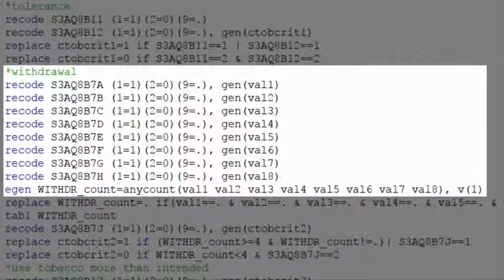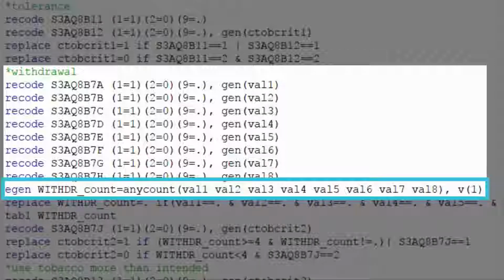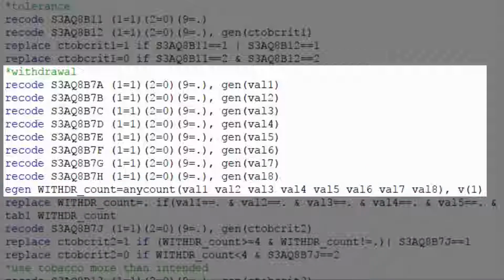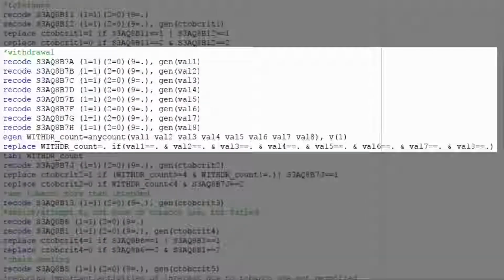Then we generate the withdrawal variable based on combining the 8 variables from NESARC. In Stata, egen stands for extended generation. We use this function here to generate the withdrawal count variable by summing variable values 1 through 8, and we're setting as missing in this count those variables with missing answers.